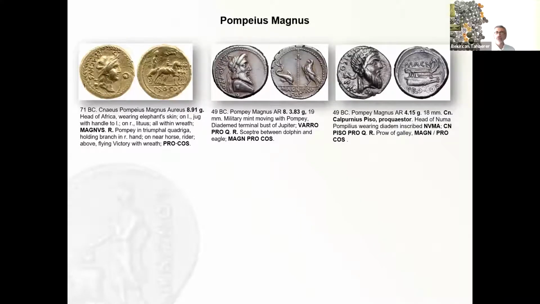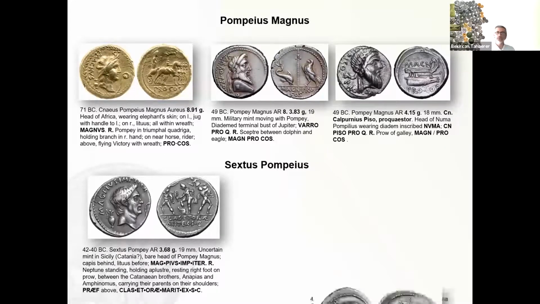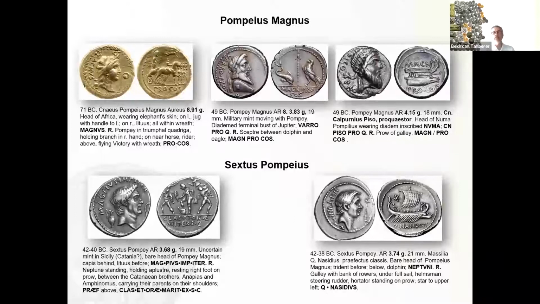However, he became one of the most important figures in the history of the Roman Republic. And his coinage simply identifies him as Magnus, which was a cognomen given to him by the Senate. And he used it very proudly and widely on his coinage.